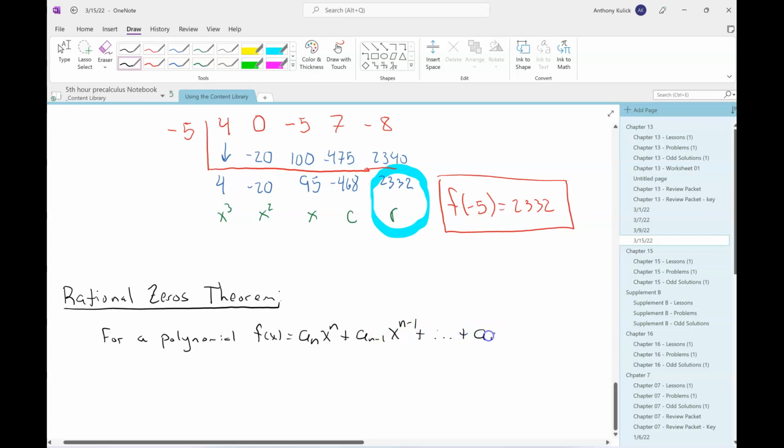Don't be confused: the a's are just the coefficients, and we're using a letter with a subscript to name our coefficients as opposed to A, B, C, D, E, F, G. Mostly because a polynomial could certainly be more than 26 terms long, which means you potentially run out of letters. If we use a letter with a subscript, we have infinitely many symbols that we can use, which is all we're doing there.